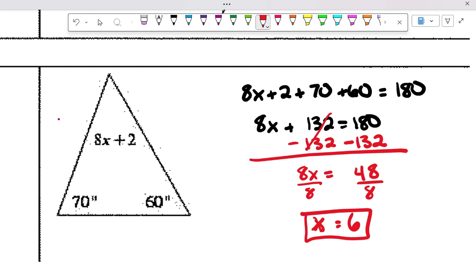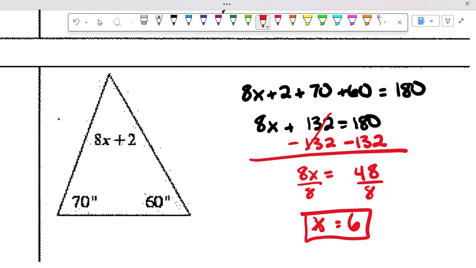All right, so let's go with group 3. So group 3, explain how you set it up. We did 70 plus 60 plus 8. Okay, and 70, 60, and 2.